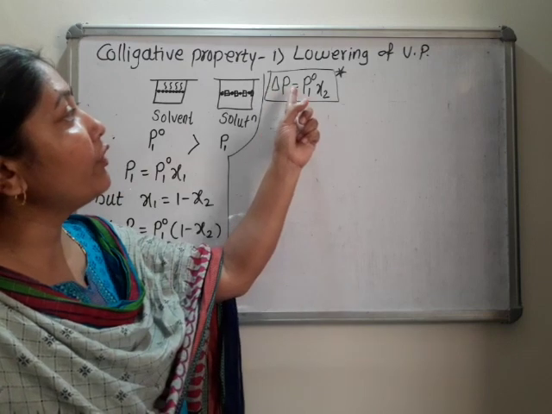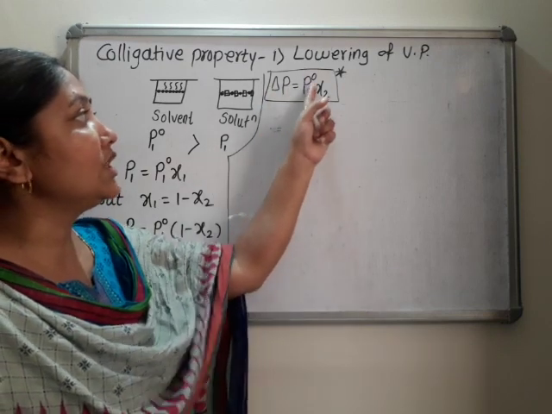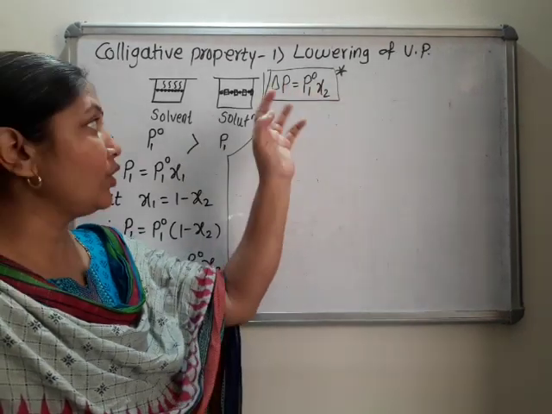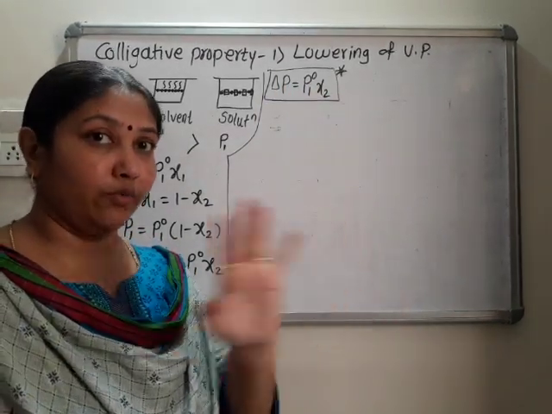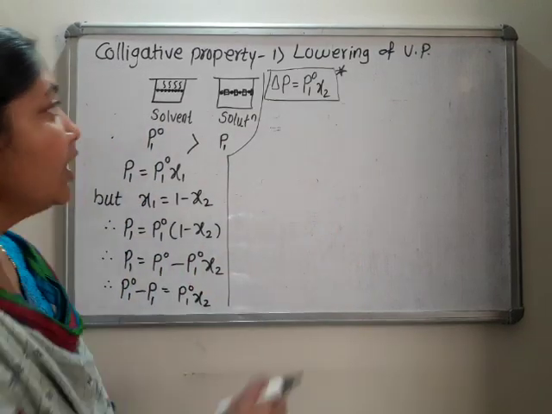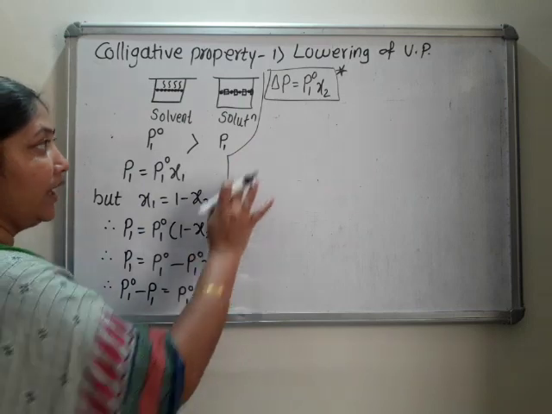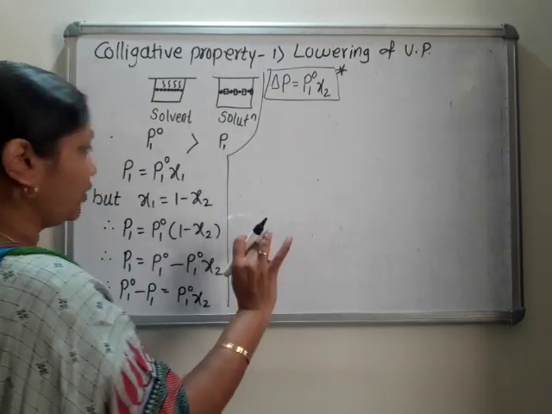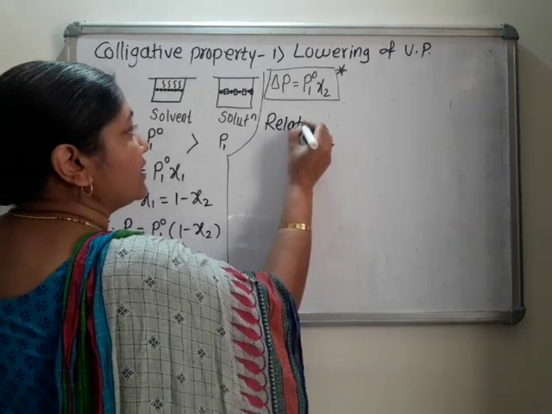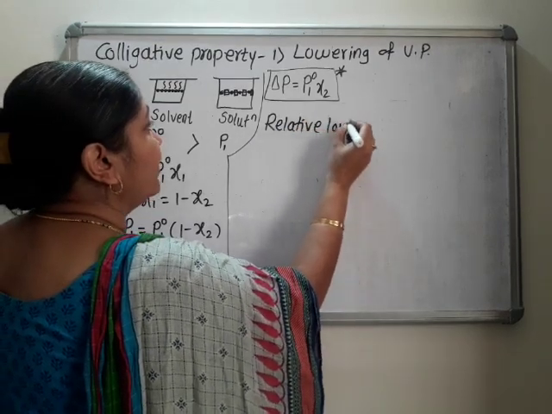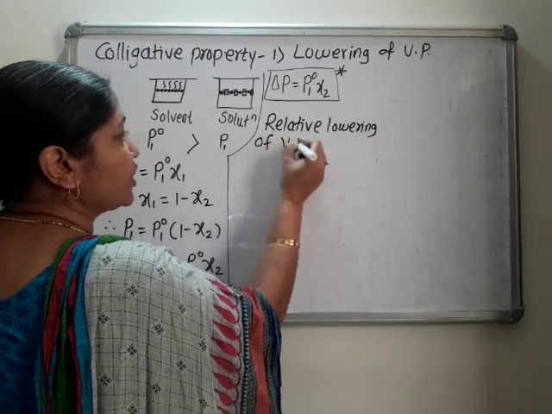So lowering of vapor pressure is proportional to, since P01 is a constant, the mole fraction of solute. Very, very important. So delta P is equal to P01 x2. Now, one more term is there, which is called relative lowering of vapor pressure.